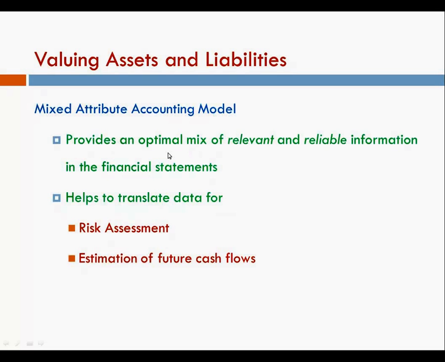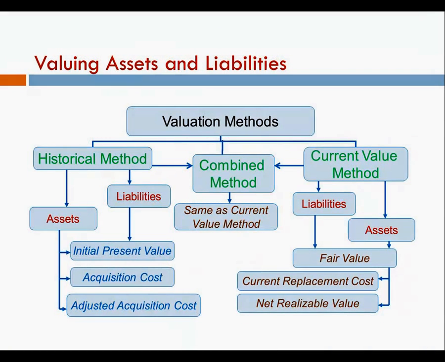The mixed attribute accounting model provides a basis for determining how you should value assets and liabilities. This is the model. It says that you might use the historical method, you might use a current value method, or some hybrid.